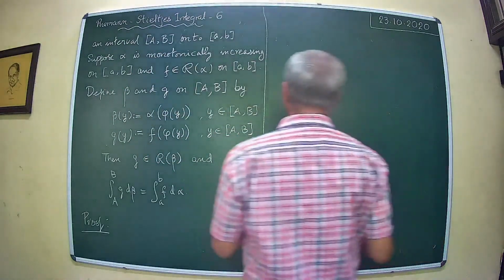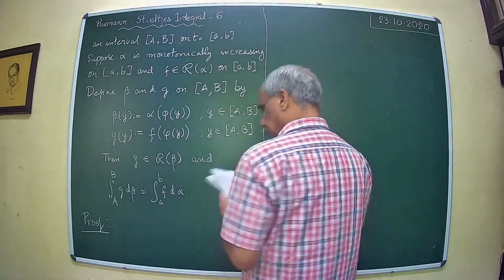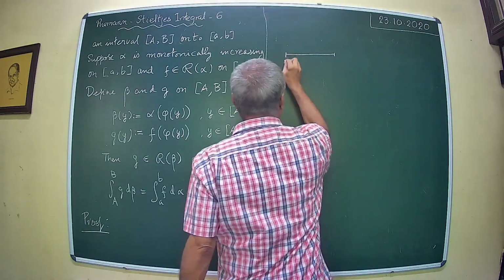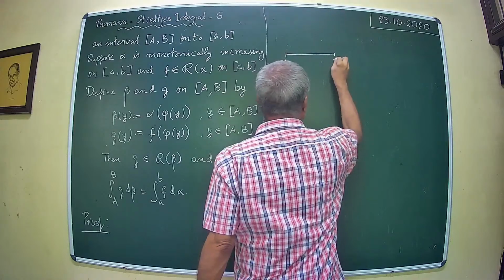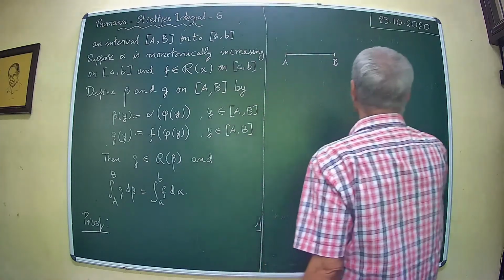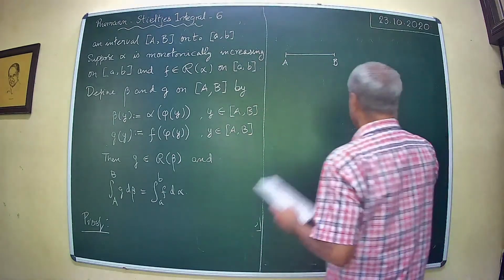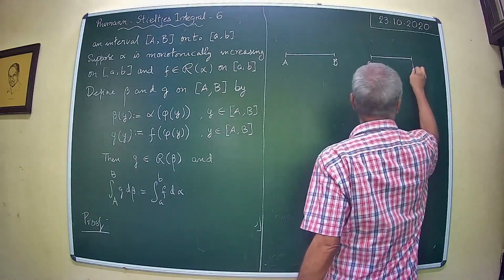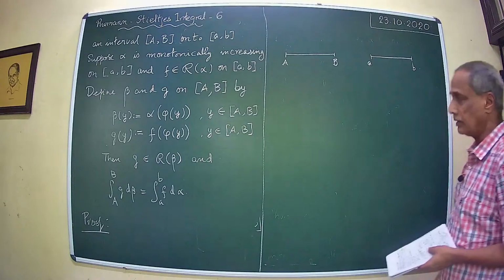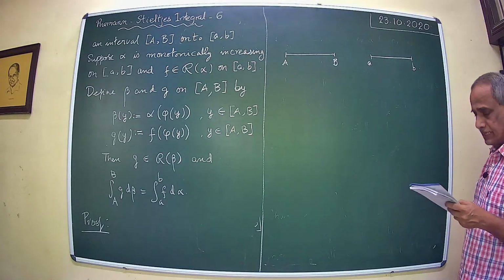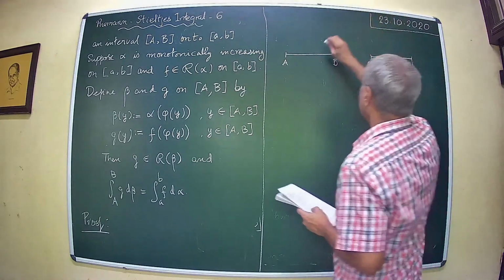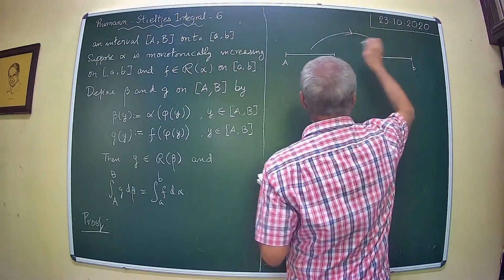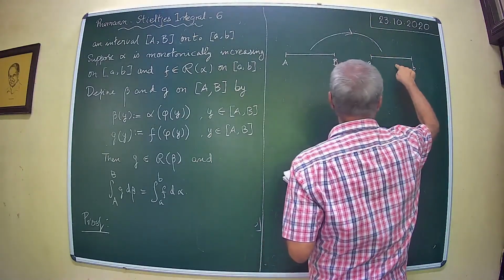So what you have is an interval capital A to capital B of R, and then you also have an interval small a b of R. So what is given is a map from AB to small ab.